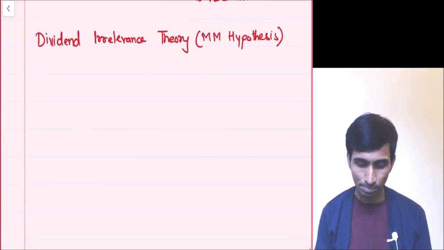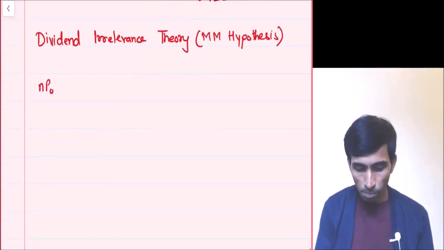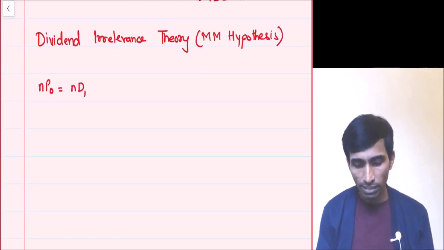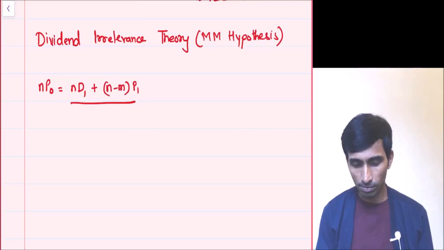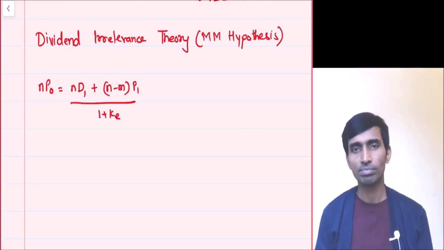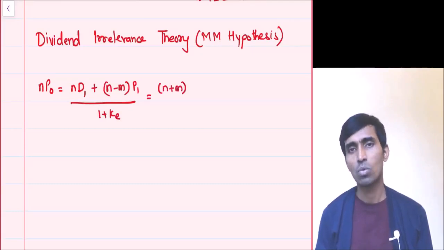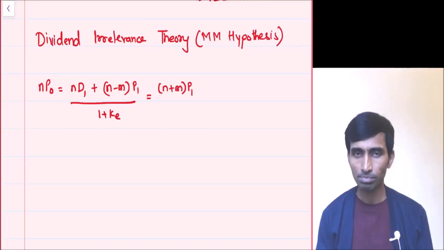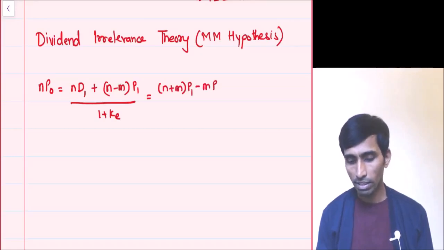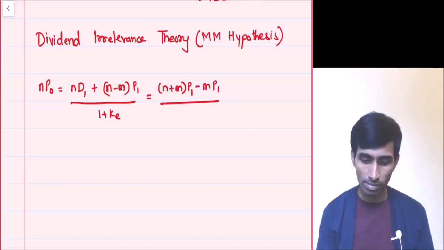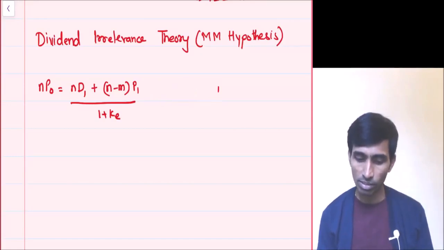Okay, so let's write the formula. Please write N into P0. See, this is the value of the firm, N multiplied by P0. N D1 plus N minus M into P1 upon 1 plus KE is equal to N plus M into P1 minus MP1, the whole divided by, sorry, one minute, I made a mistake in the formula.